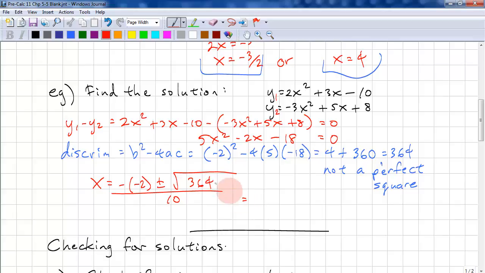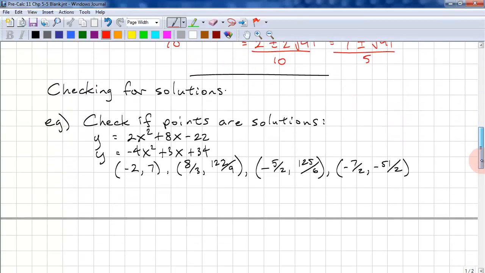We can pull a 4 out. So this is 2 plus or minus 2 root 91 over 10, since 364 divided by 4 is 91. And we can pull a 2 out of each term. Remember, we need to be able to pull it out of each term in order to reduce. So this is 1 plus or minus root 91 over 5.